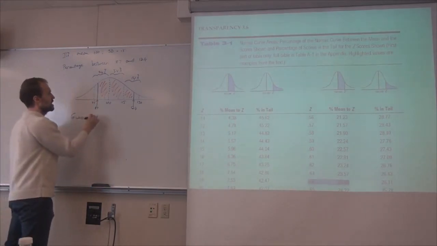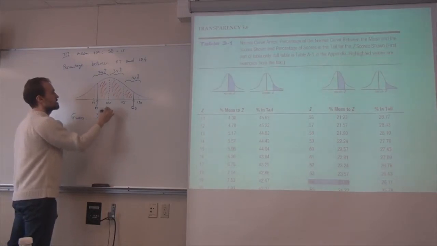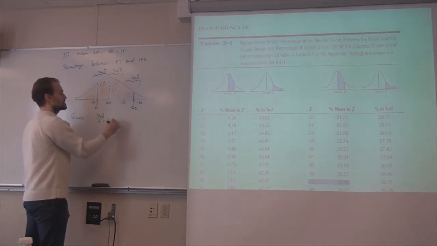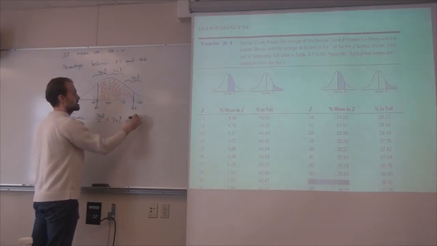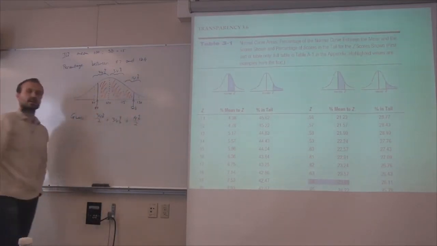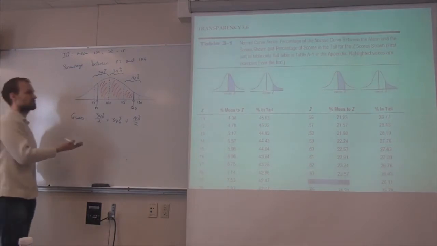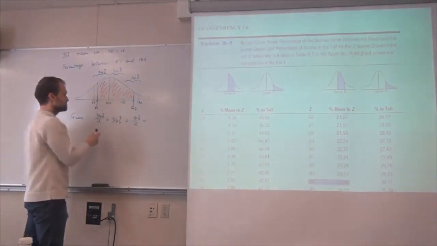So I'm just going to take half of 34%, then add this 34%, and then add half of the 14% region. I know it's not exactly a half, but I don't need to be accurate with my guess.